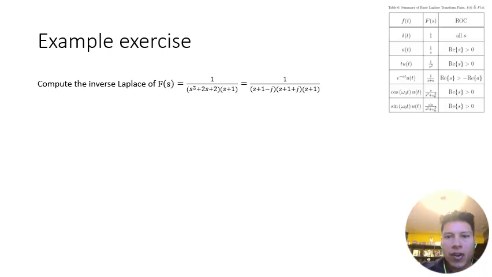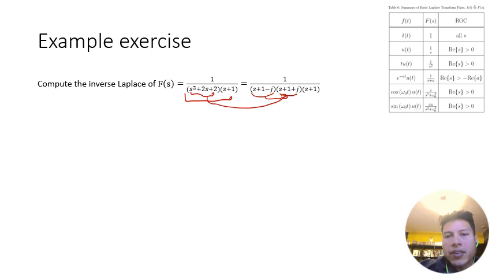So I'm just going to go over an example of this. Let's say we had to solve this particular equation. As you know, this polynomial here, if you were to use the quadratic formula, you would get complex roots.